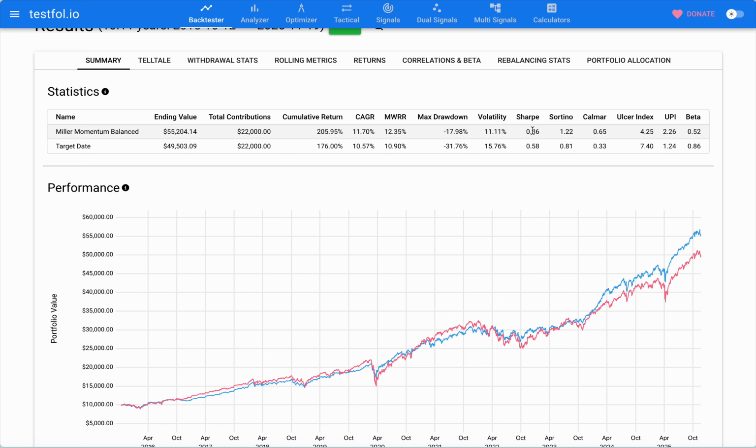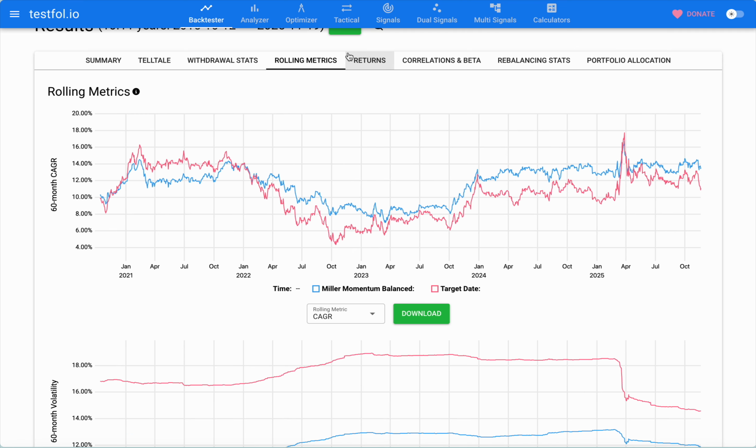Our Sharpe ratio is substantially better, and our Sortino ratio, which is volatility but ignoring volatility on the upside, is pretty darn good too. We look at our rolling metrics, and again, the blue line is almost always above the red line of the target date fund.